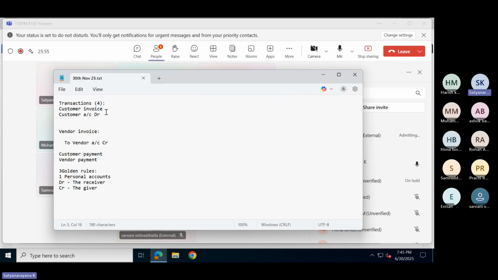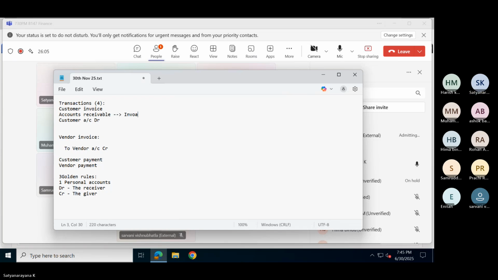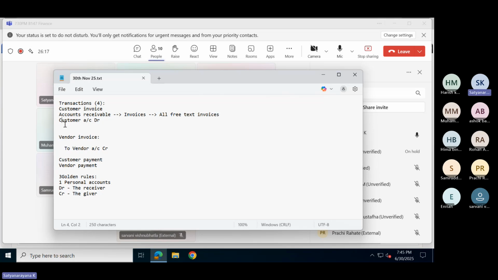The path for customer invoice is accounts receivable, invoices, free text invoice. Okay, so this is customer account debit to revenue account credit. Customer account debit, revenue account credit.